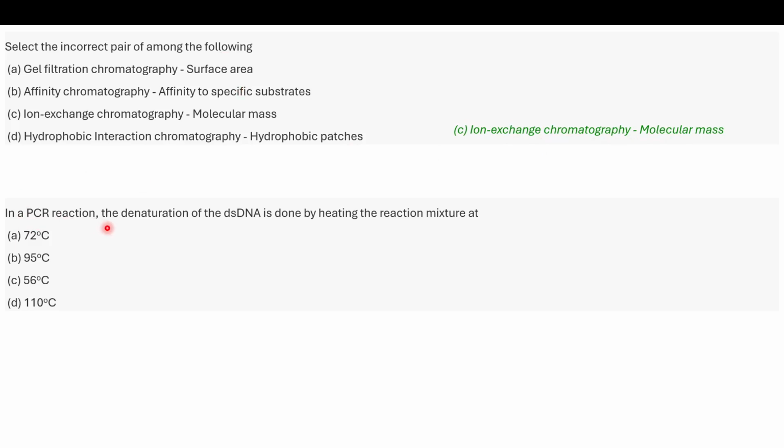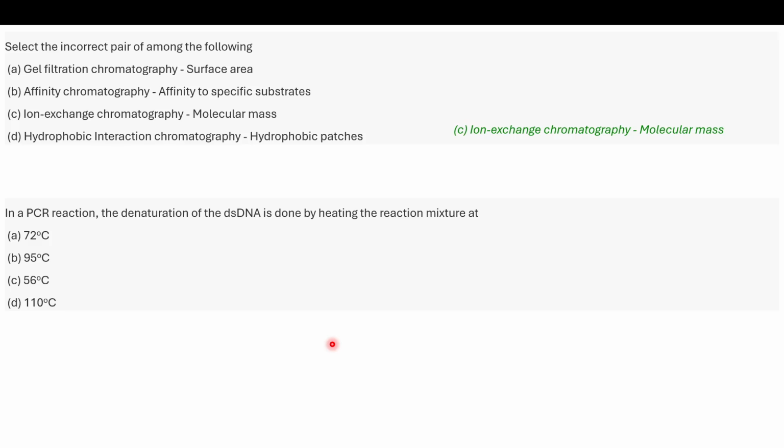Now, in a PCR reaction, the denaturation of the double-stranded DNA is done by heating the reaction mixture at, what will be the answer? Yes, 95 degrees Celsius.